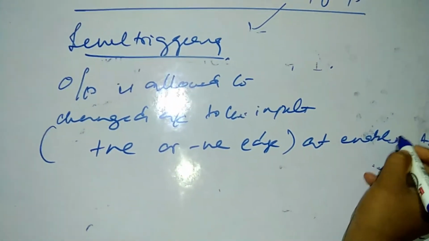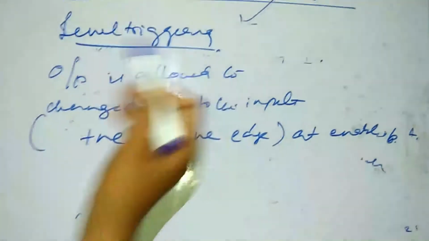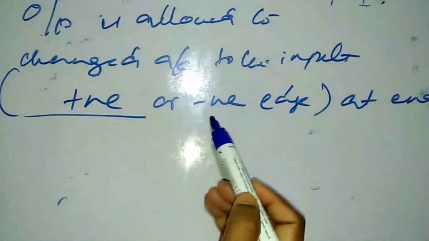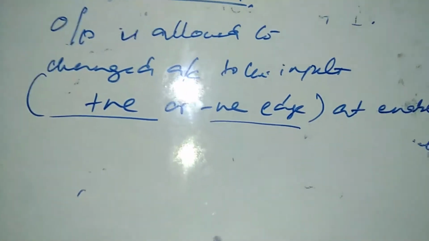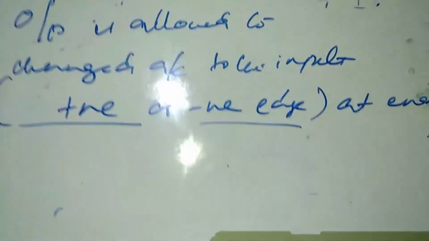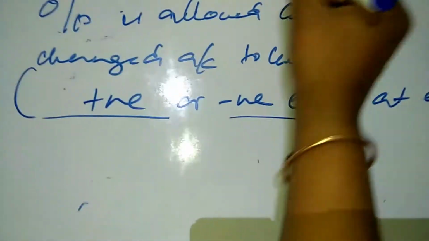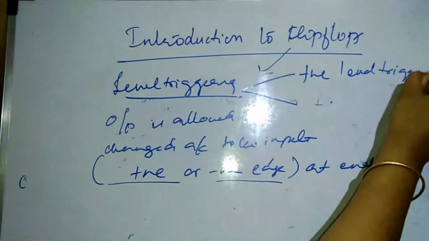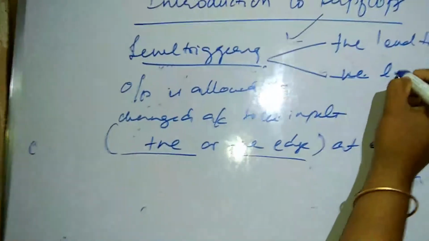This is very important. So here in level triggering the output is allowed to change across the inputs, and that can be either the positive or the negative edge at the enable input. Now there are two types of level triggering. One is positive level triggered, and the second one is negative level triggered.